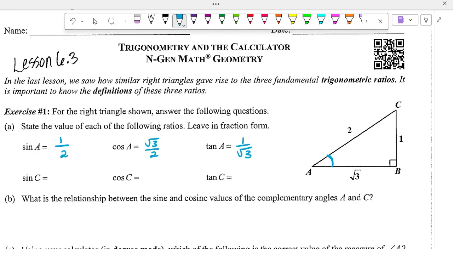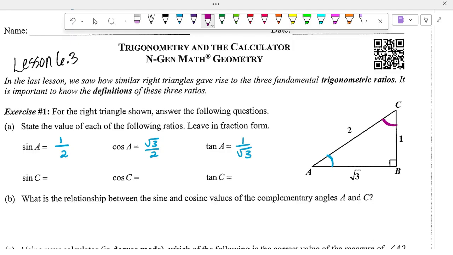Now, typically you may be itching to mess with that because there's a square root in the denominator. Don't worry about it for right now, because when it comes to putting it in your calculator, you don't need to simplify it. All right, now we're dealing with a reference angle of C. So C is my new reference angle. That means my opposite and adjacent switch. So sine is opposite over hypotenuse.